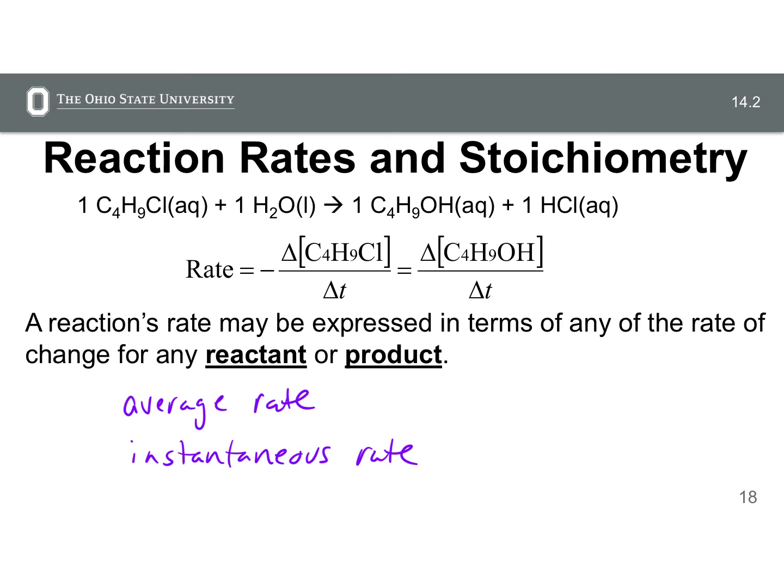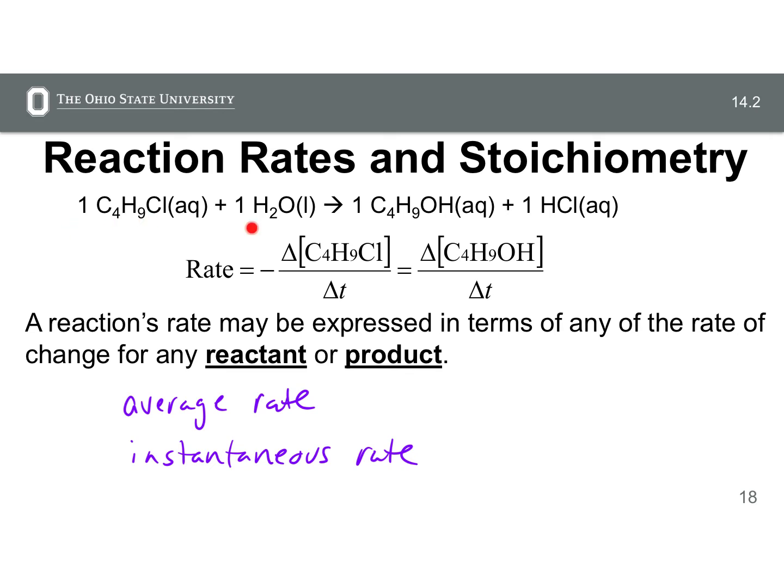So we will typically be thinking about instantaneous rates for a reaction, not average rates. But I do want you to point out that those are different terms, okay? Now, we can look at a rate over a given amount of time. That's what's being shown in this equation. So this is our chlorobutane reaction again.